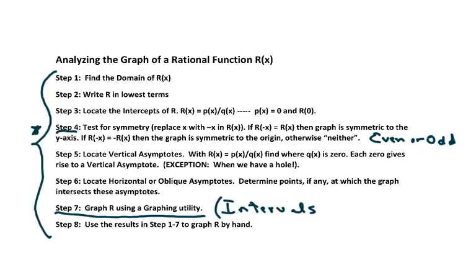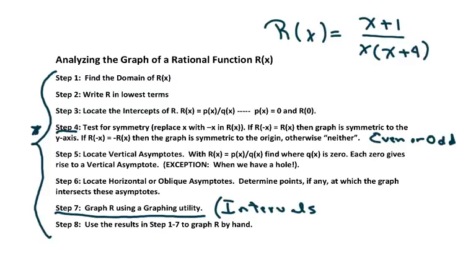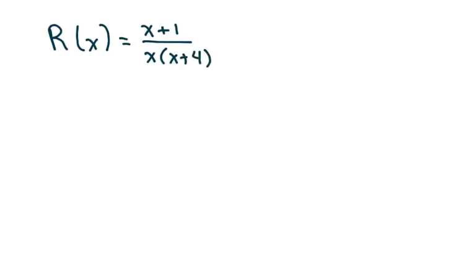Okay, so the first rational function we're going to do is x plus 1 over x times x plus 4. The first thing you need to know, and I'm going to put it on this next slide, is R of x equals x plus 1 over x times x plus 4.